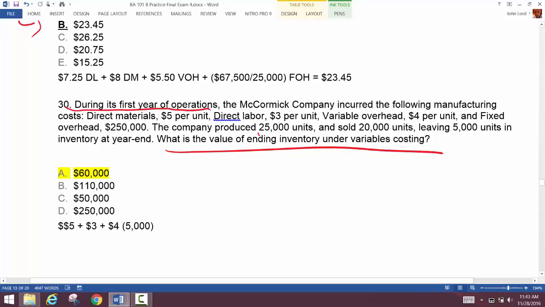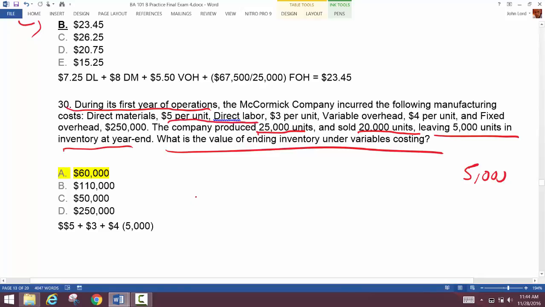They produced 25,000 units and sold 20,000 units, so they end up with 5,000 units in ending inventory. And then they just tell us there's how many units in ending inventory? 5,000.